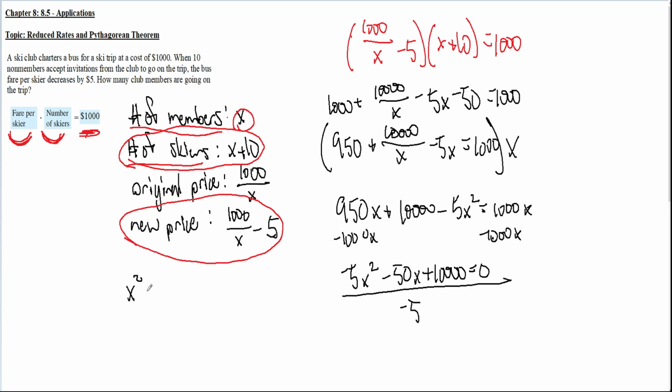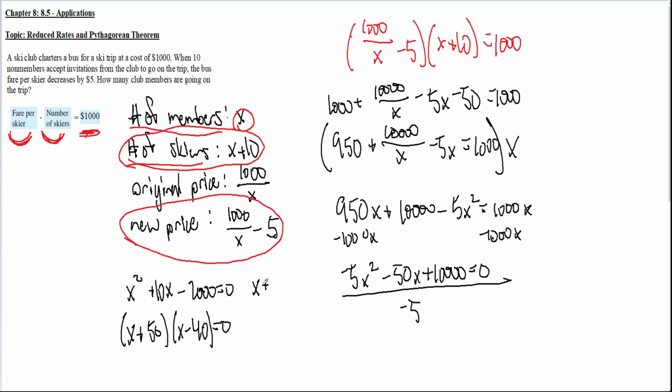So we end up with x squared plus 10x minus 2,000 equaling 0. And this is actually factorable, and the factors that we end up with are x plus 50 and x minus 40 equaling 0.